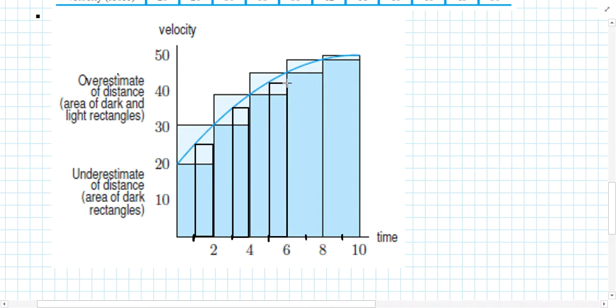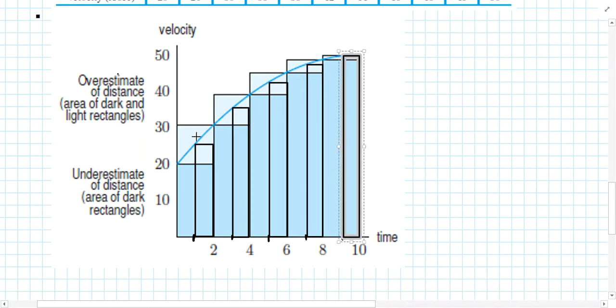Take a look at what's happening at this point now. Our underestimates, and these are all underestimates still because these are what we would consider left-hand sums of an increasing function. The function itself is increasing, the velocity is increasing at all times, so each of these rectangles that we build are still underneath the curve, so this is what we would consider an underestimate.